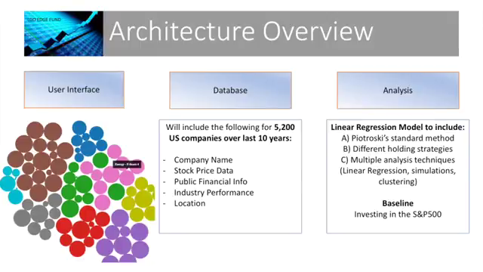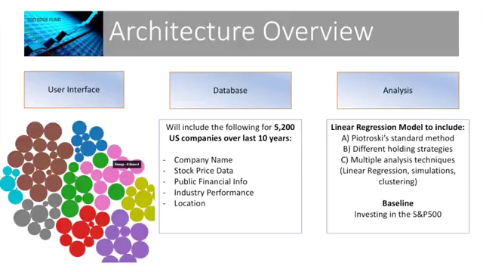And the analysis, basically, we broke that into three parts. The first part, we're using Piotrowski's original method, trying to replicate his results. Second part, we're actually deviating from his model. We're trying different holding periods where he used only a year-by-year holding period.